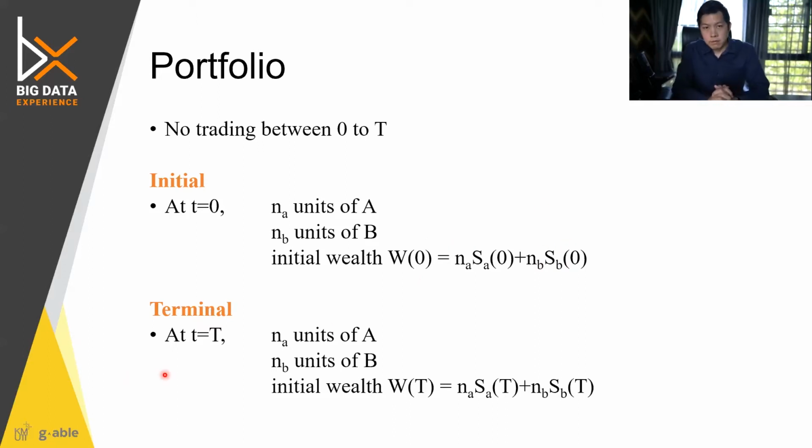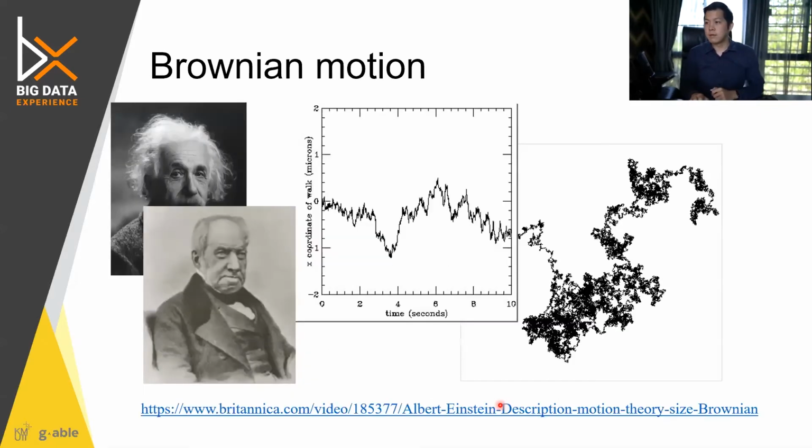For the terminal time T, we have NA and NB as well, but we multiply with the price at time T. Okay, now we have the initial point, we have the end point, right?